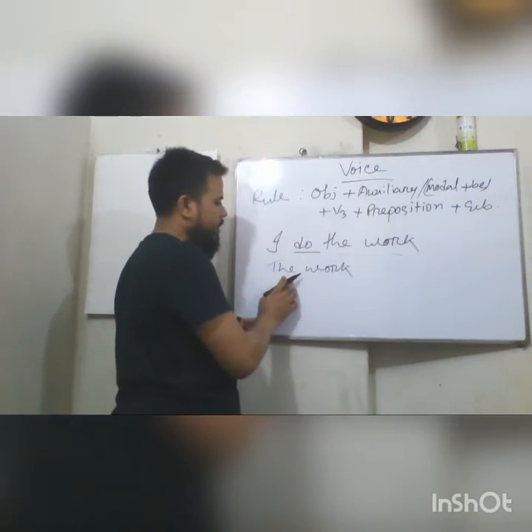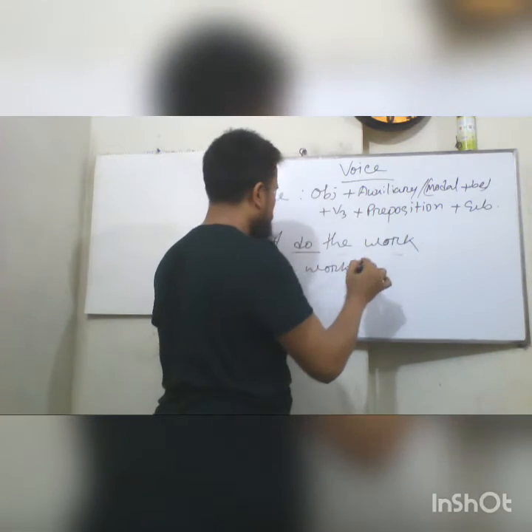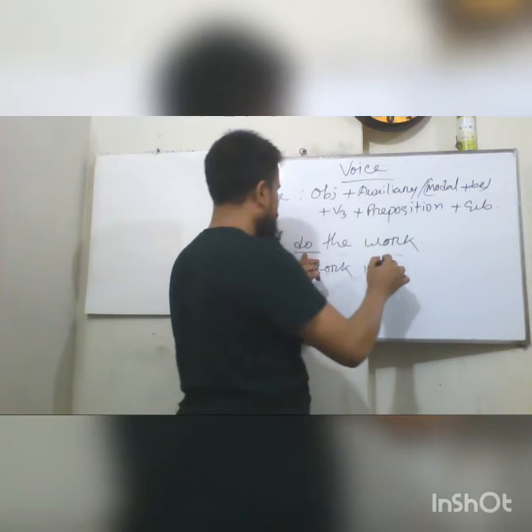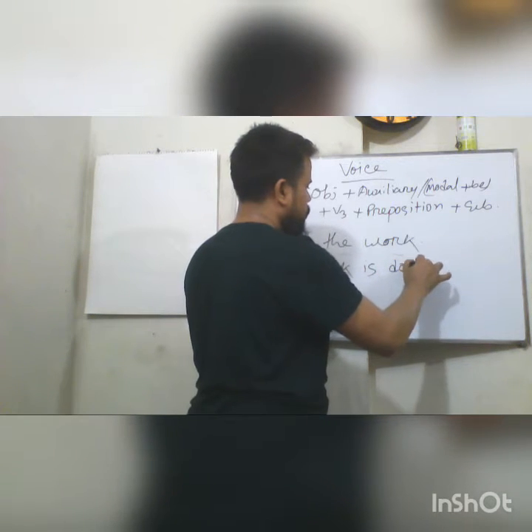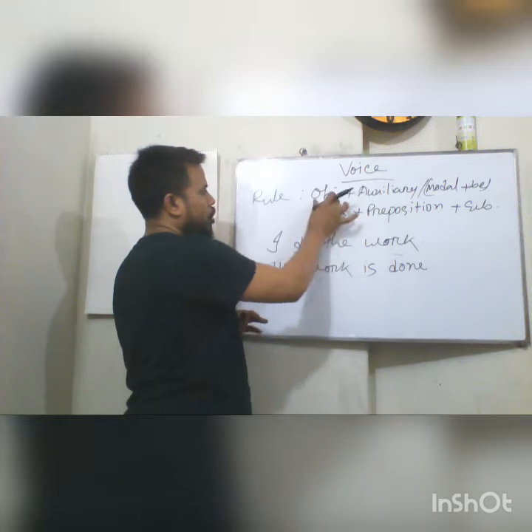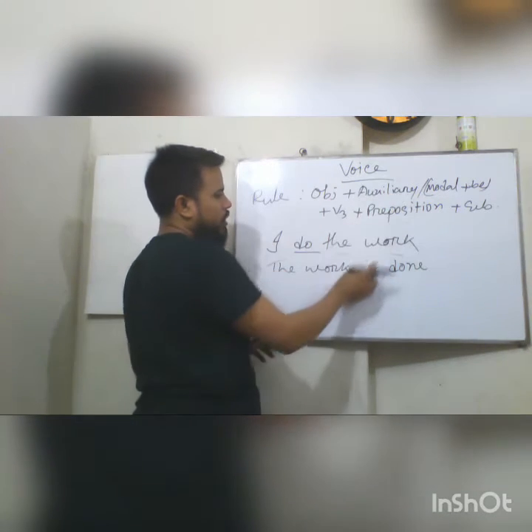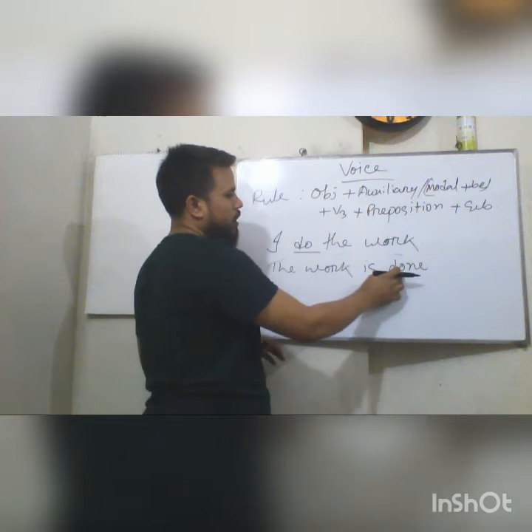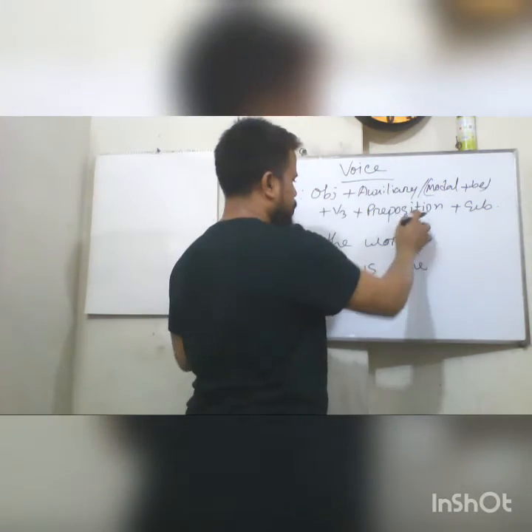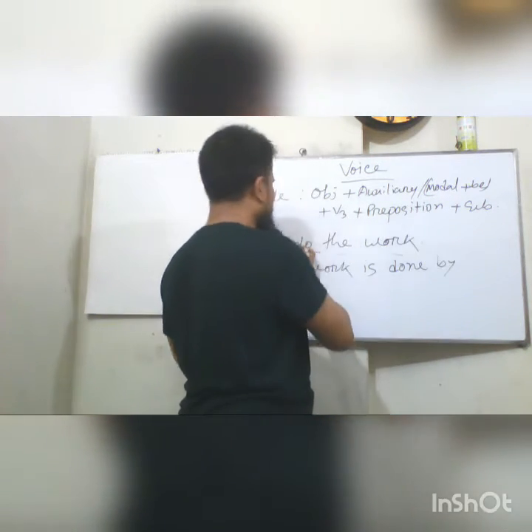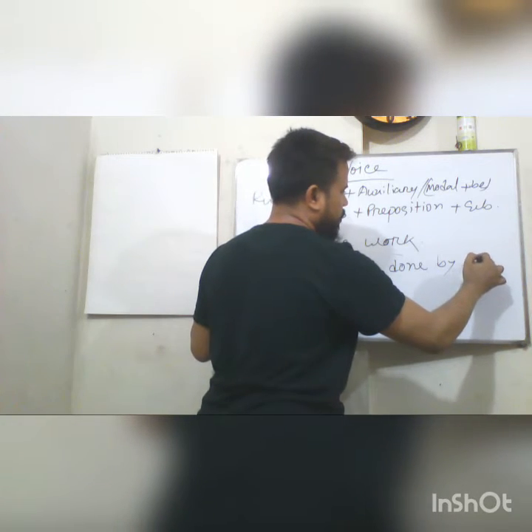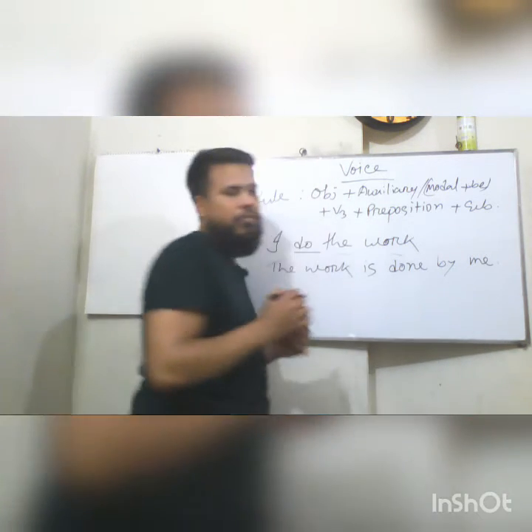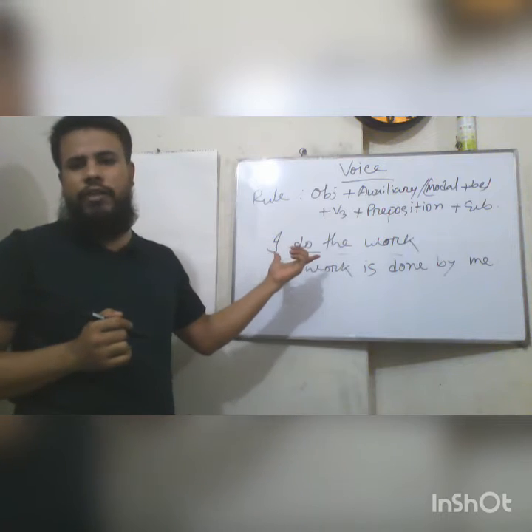So I select here is, and then verb three, do, done. Object, auxiliary is, verb three done, and then preposition by. Finally, subject I, or me. It's present indefinite tense.